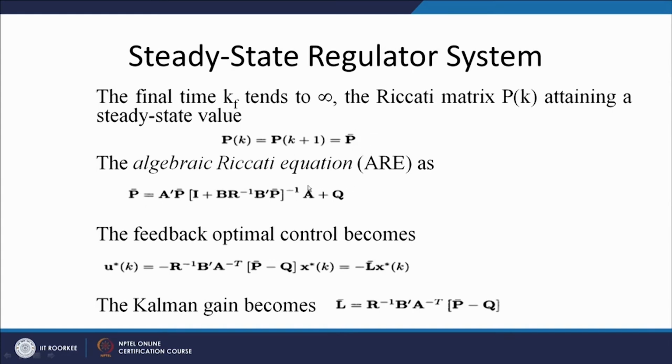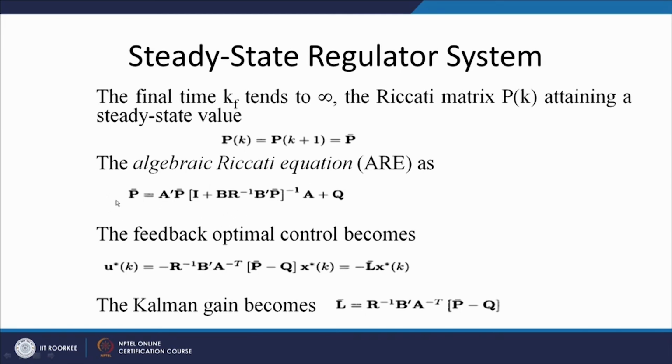So, my whole equation, which was the difference equation before, is converted, because P_{k+1} and P_k are both the same. This is converted into an algebraic equation, and this we call the discrete algebraic Riccati equation, or simply the algebraic Riccati equation for a discrete time system.